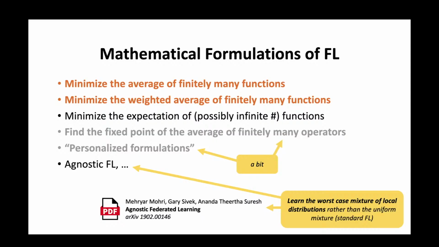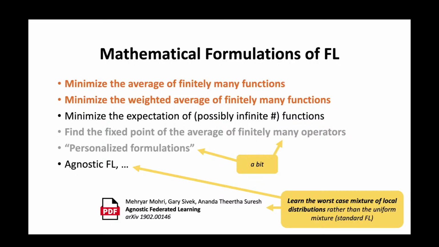All right, so as I mentioned before, there are many possible mathematical formulations of federated learning. The two most common ones would be minimizing the average of finitely many functions, because you have only finitely many computers, even though when we think of cross-device federated learning, we don't really have infinitely many devices. So in some sense, it's just an approximation, a modeling aspect.